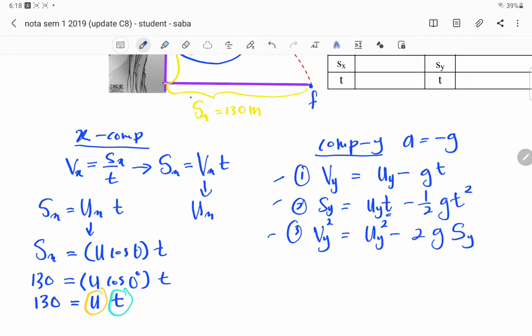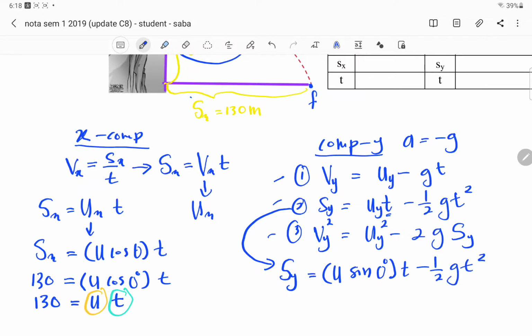Kita nak cari T. So kita akan guna number 2. Okay. Dan kita tulis balik SY is equals to Uy T. Kita mesti kembangkan dalam bracket. Uy is equals to U sin theta. U sin theta is 0. Terus tulis lah 0 times T minus 1 over 2 GT square.